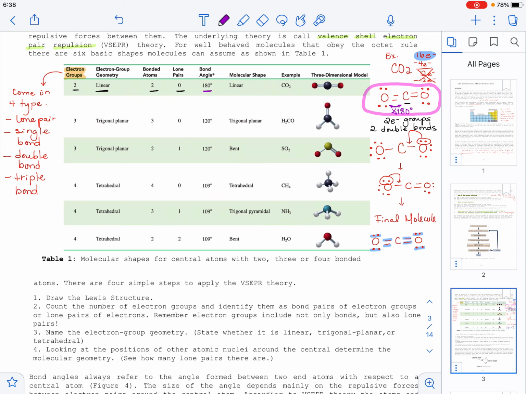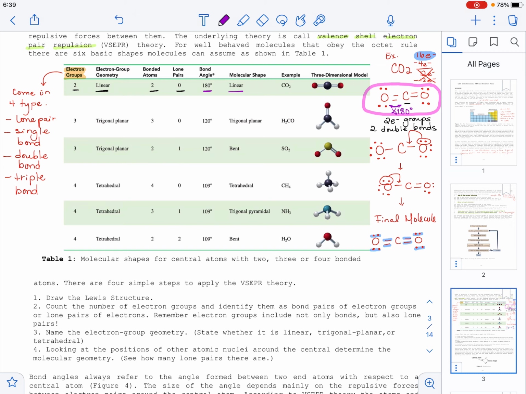Now, understand that we also have the molecular shape, and molecular shape is affected by lone pairs, but because we don't have any lone pairs attached to the central atom in this molecule, we know that linear is the word that we utilize in order to specifically determine how many bonded atoms we have in the system.